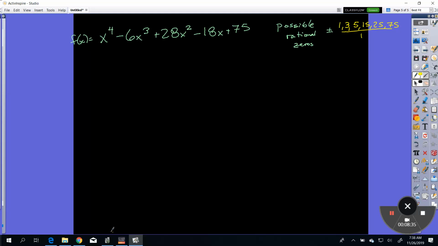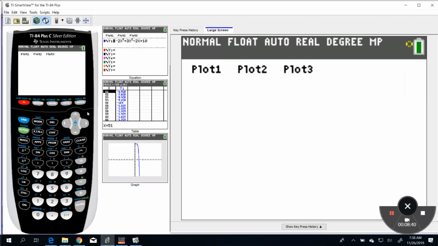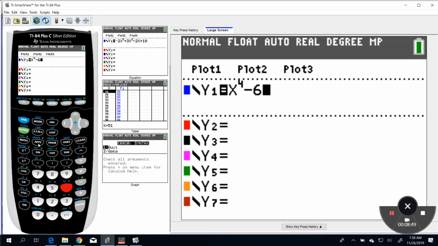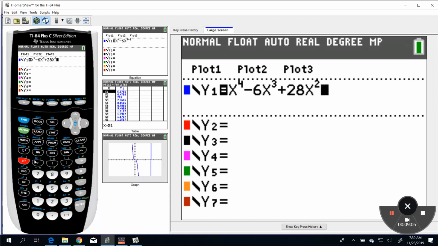Let's just go to our calculator and graph that. So I go to my y equals x to the 4th minus 6x to the 3rd plus 28x squared minus 18x plus 75.